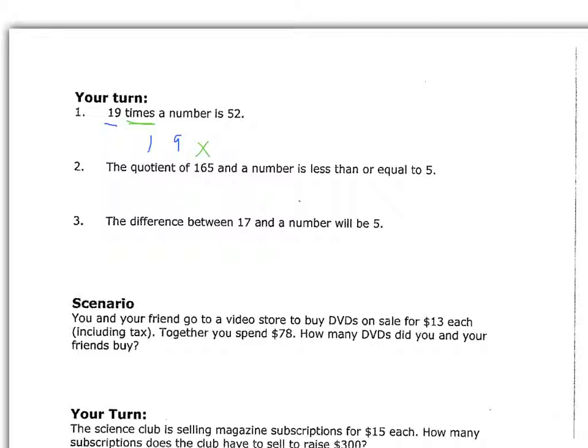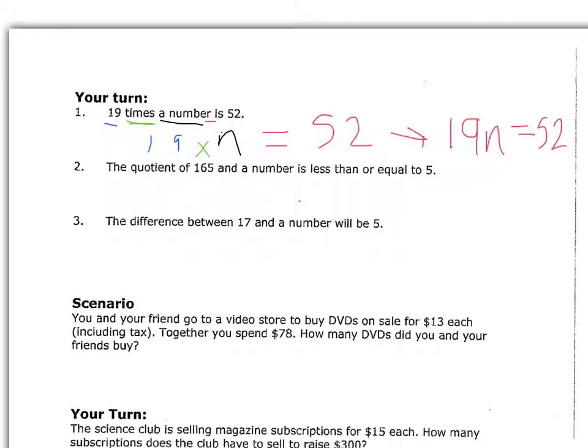A number represents a variable, let's say it's n this time. And then "is" represents an equal sign, and then we just have 52. So let's write this a little cleaner since my handwriting is terrible. You could rewrite that as 19n equals 52. Then we could easily solve that as an equation if we wanted.